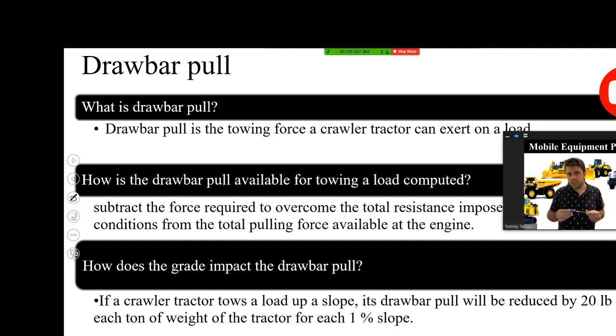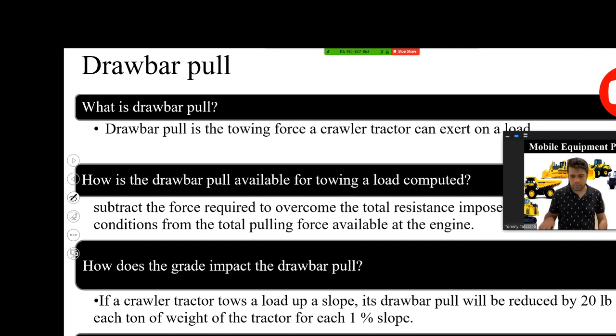Obviously on a level surface, the usable drawbar pull will be a lot more compared with a positive slope. And the unit of measurement for the drawbar pull is pounds.